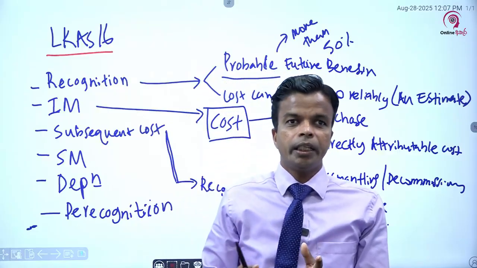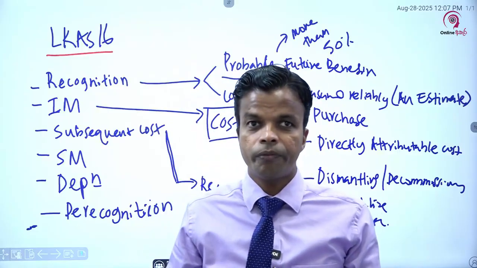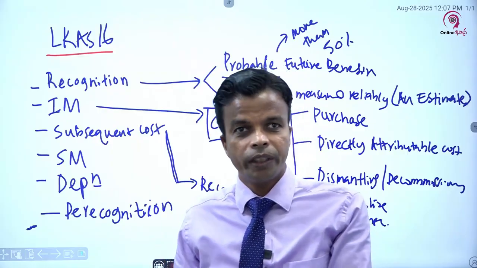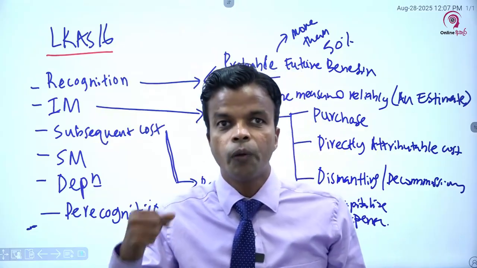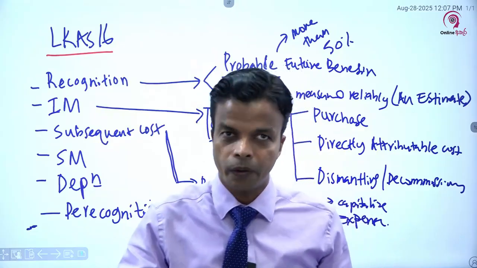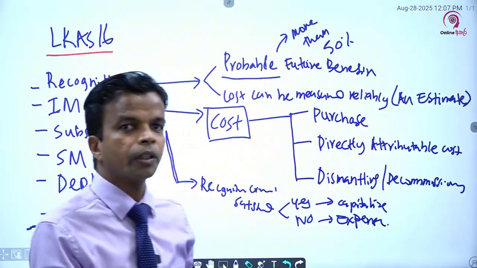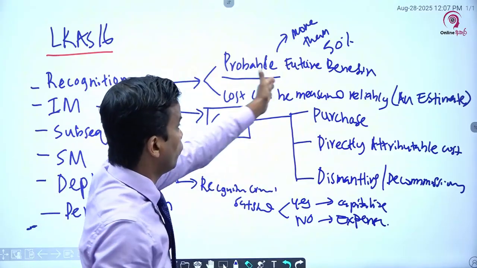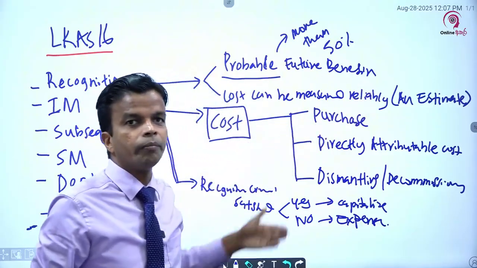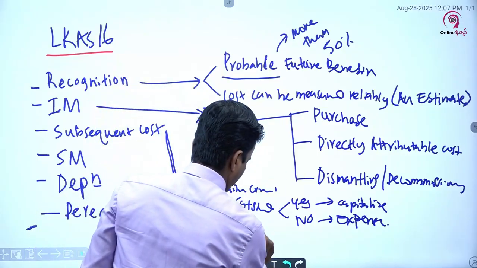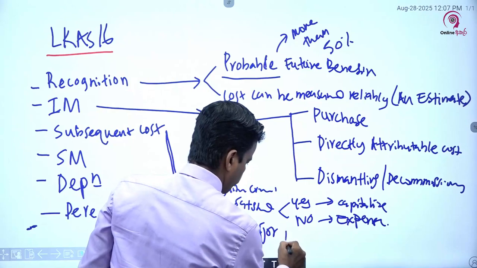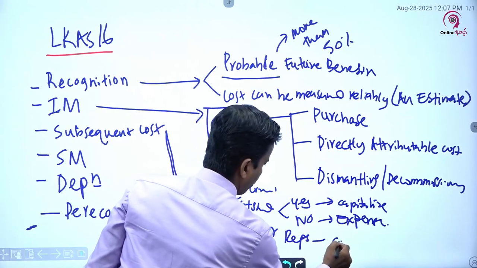So even though this is a repair after 3-4 years, the purpose of doing this major repair is to make sure that you will have no disruption in generating economic benefits. In that case, because these expenses support you in generating economic benefits, they can be capitalized. Okay, major repairs, capitalize.